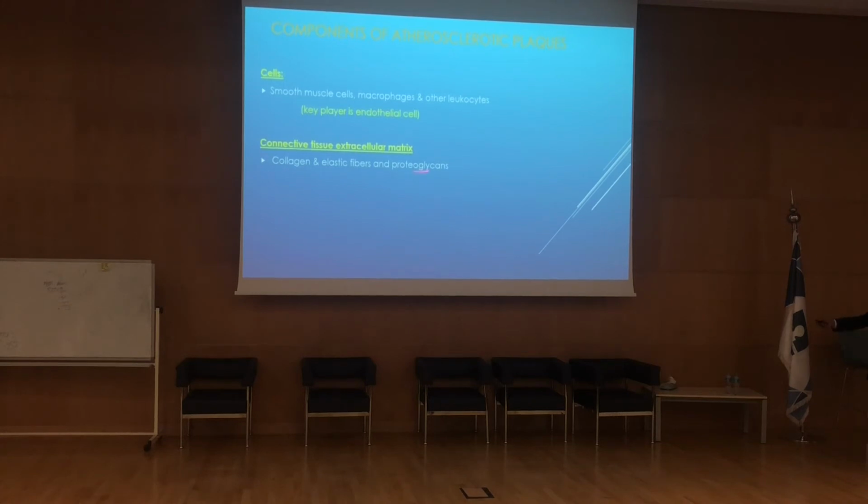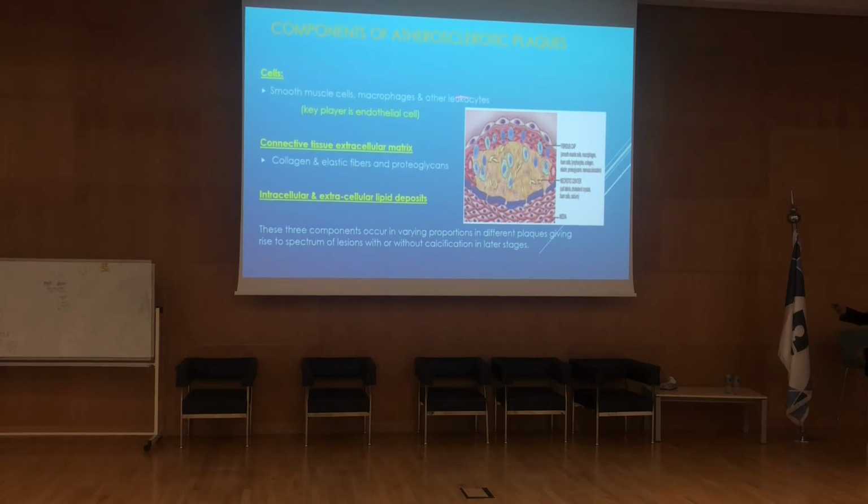Then connective tissue, extracellular matrix, which is collagen, elastic fiber, proteoglycan, and then intracellular and extracellular lipid deposits. So all the 3 components occur in varying proportion in different plaques, giving a spectrum of lesions, right? And we can see again the same picture, and these are all which we have discussed already.